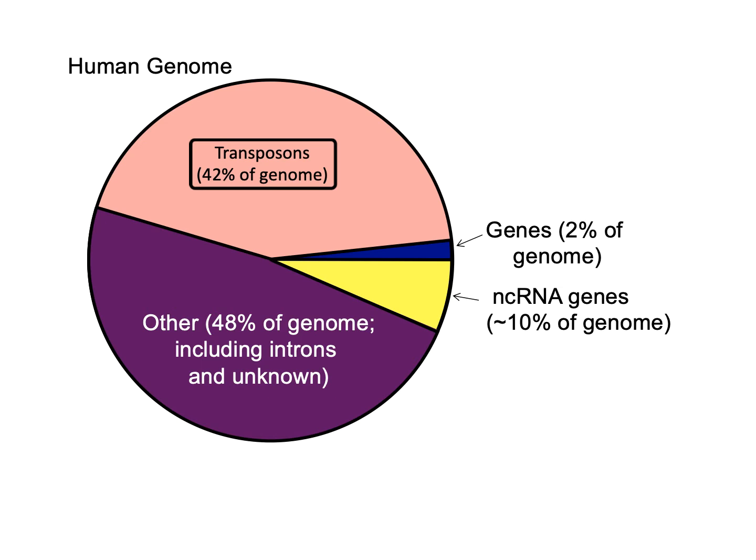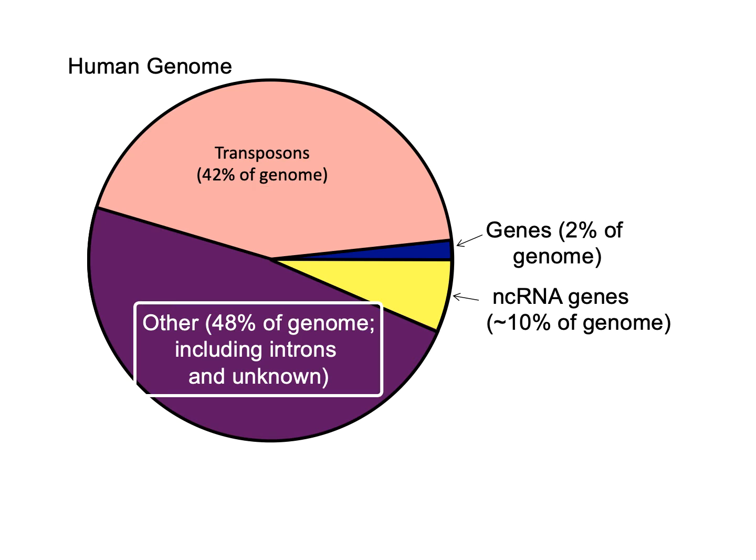Maize has about 80% of its genome made of transposons, ours is about 42%, and these have been very important in our evolution. And then the other 48% is other things, including introns and unknown regions of the genome. These include structural elements in the chromosomes, as well as many regions that just have not been fully characterized.